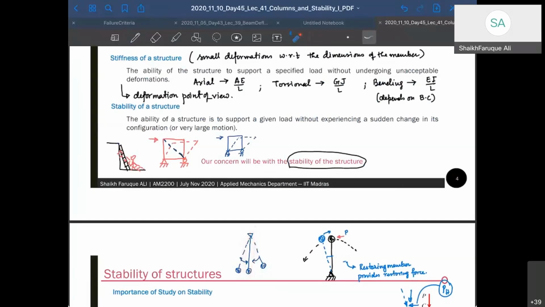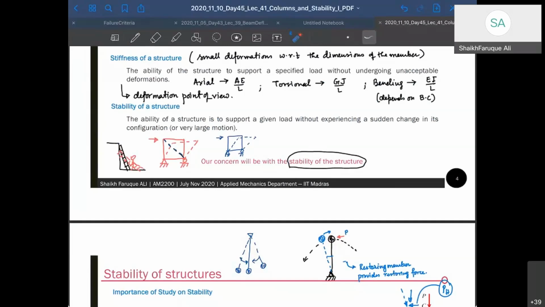Now I can keep the pendulum also like this, inverted. As long as I keep it without disturbing it, it will stay there, right? It will not move from that point if I don't disturb it at all, neither by wind nor by anything. Not even a mosquito comes and sits on it. It will stay in its vertical position lifelong.